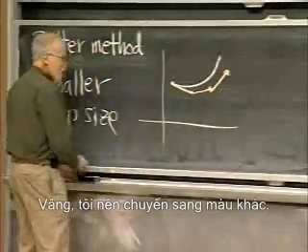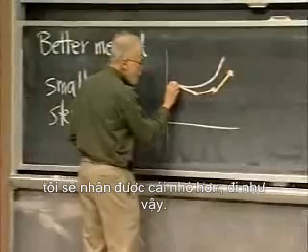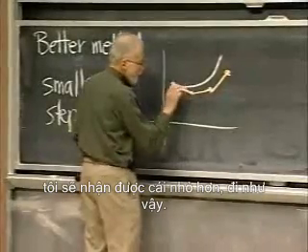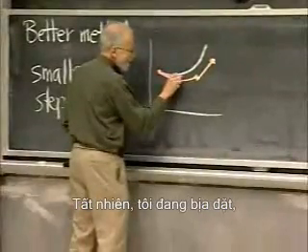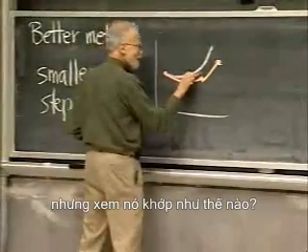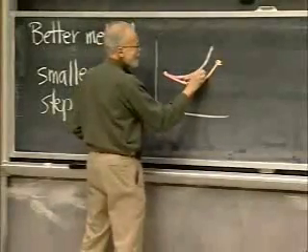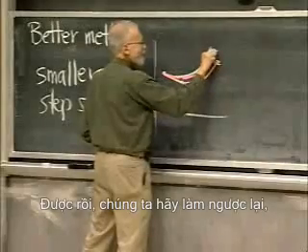Well, I better switch to a different color. If I have the step size halved, I'll get a little closer. It goes like that, and now it's following closer. Of course, I'm stacking the deck, but see how close it follows?